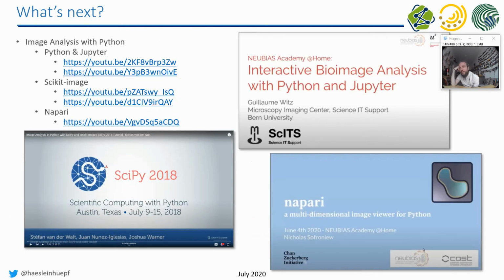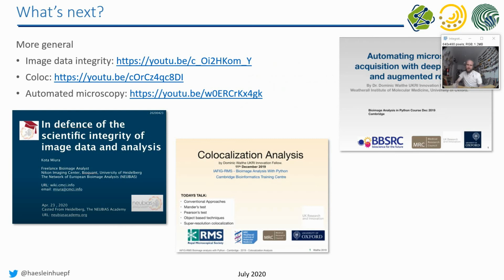Furthermore, for more serious image analysis with Python and Jupyter notebooks, scikit-image and Napari, there were also tutorials about all that. Some of them are part of the NEUBIAS Academy and some others have been online for longer. Check them out. If you think about different ways of image analysis, what you can do with it, or especially how we resolve this reliability issue and how we can trust image analysis in a very general way, I would like to recommend the video shown here on the left from Kota Miura, who is the vice president of the NEUBIAS Society.